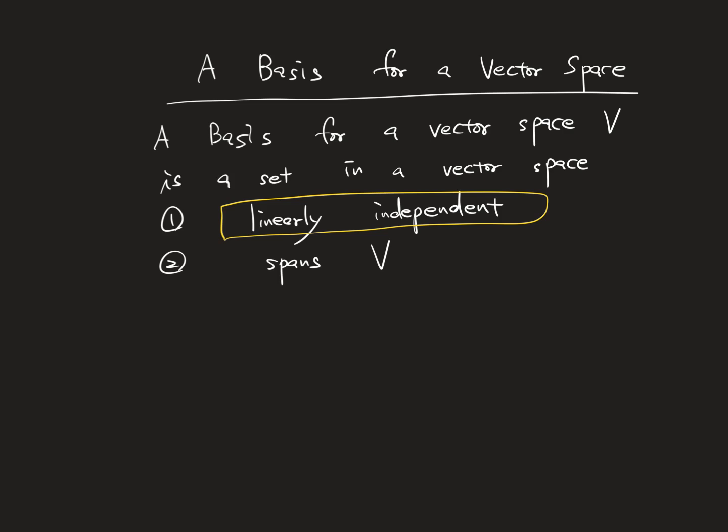If you have too many vectors, usually the probability that they will be linearly dependent increases. But if you have just one or two non-zero vectors, we are pretty sure that they'll be linearly independent. The problem is it's not enough to span the vector space. To span the vector space, we need more vectors because we need generators.